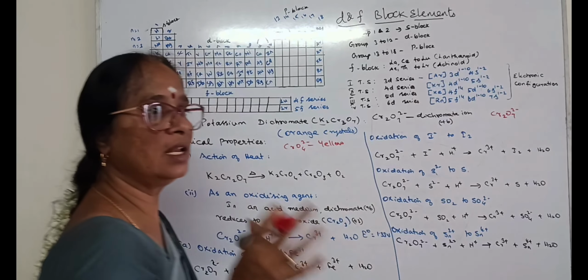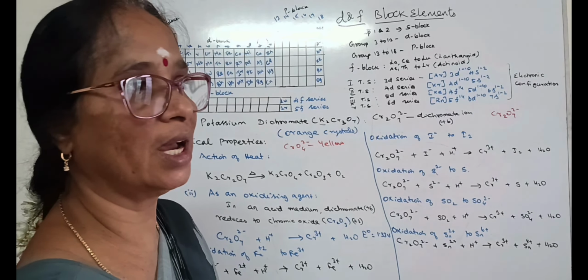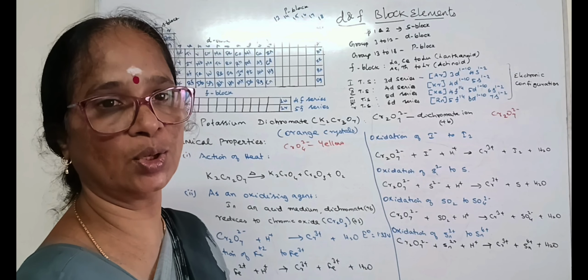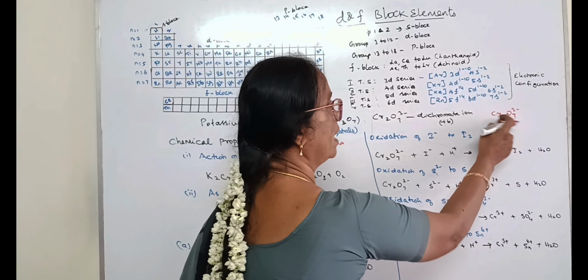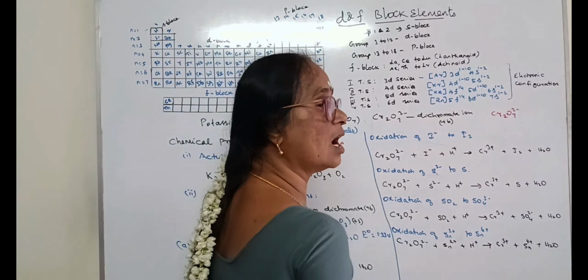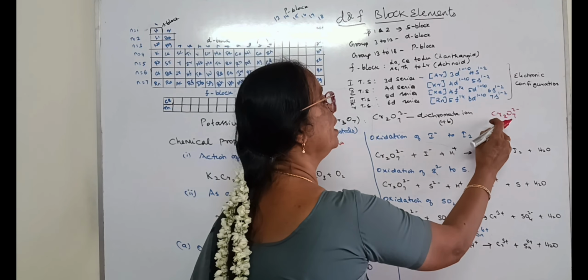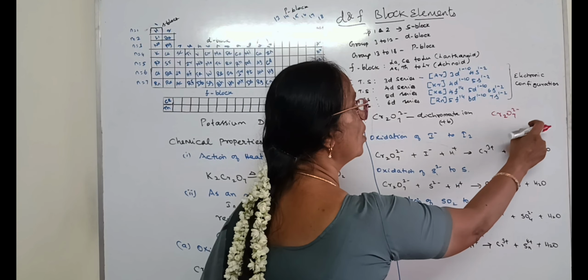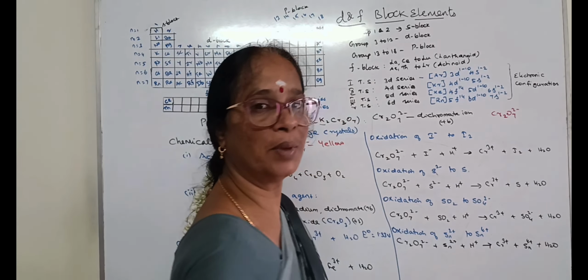In a neutral compound the sum of oxidation numbers is always equal to 0. But in this case, the dichromate ion is an anionic species carrying a charge. So I have to equate the sum of these oxidation numbers to the charge carried by the ion.